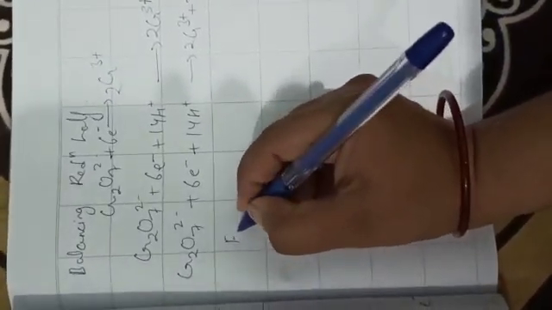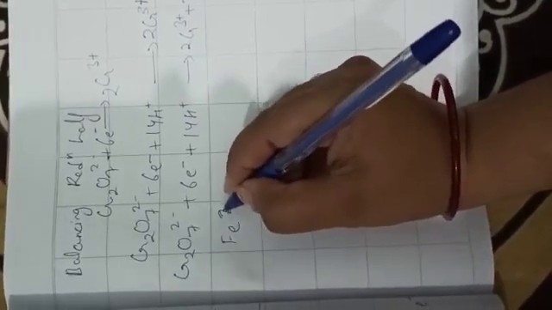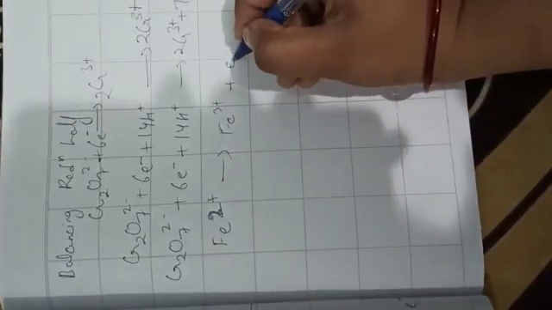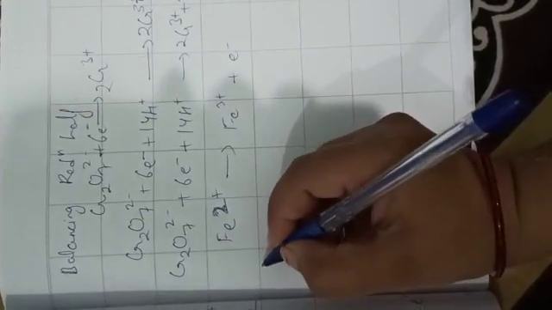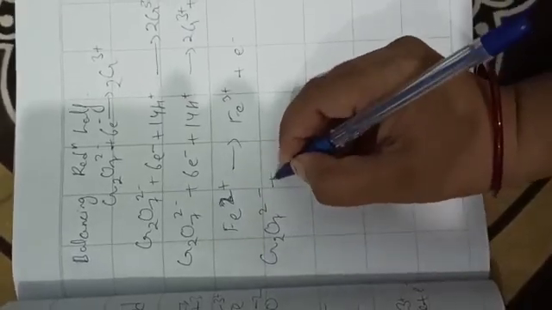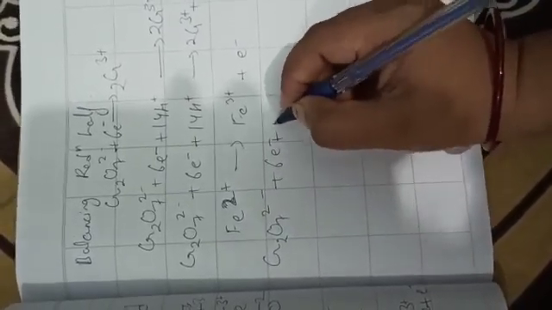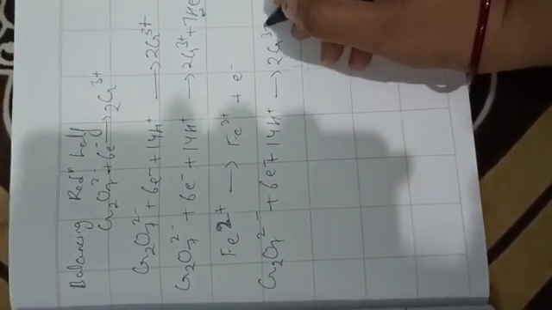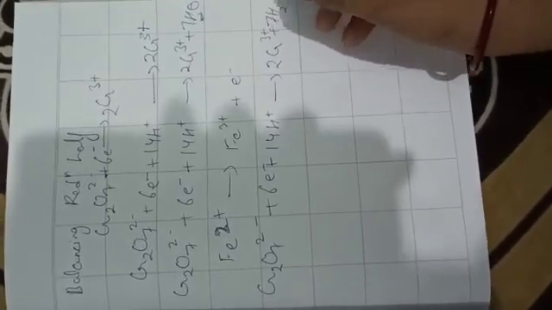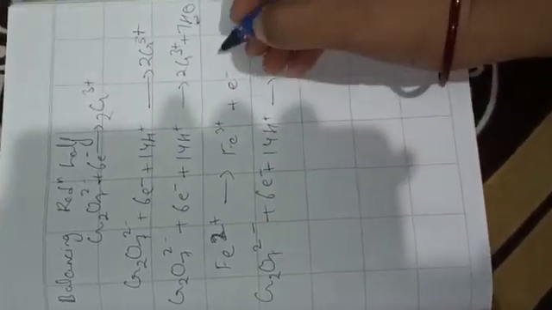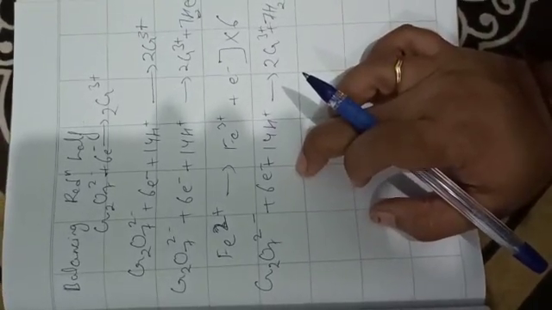Our oxidation half was Fe2 positive giving Fe3 positive with the loss of 1 electron, and the reduction half was Cr2O7 2 negative plus 6 electrons plus 14 H positive ions giving 2 Cr3 positive plus 7 H2O. First of all, we have to balance the electrons. Here it is 6 electrons, here it is only 1 electron, so we will multiply this side by 6 to get the 6 electrons.